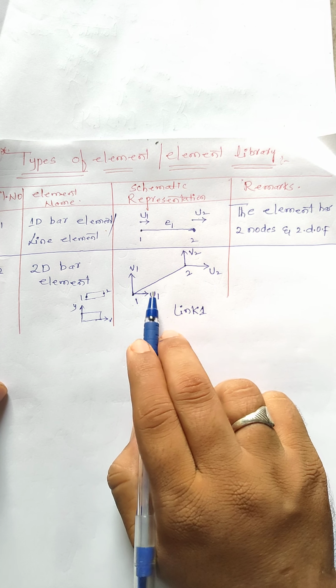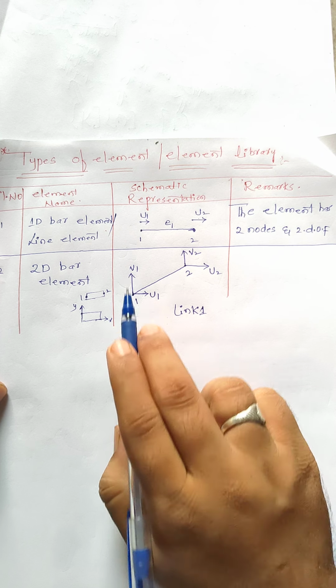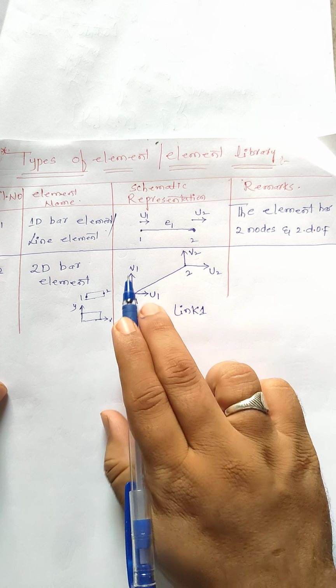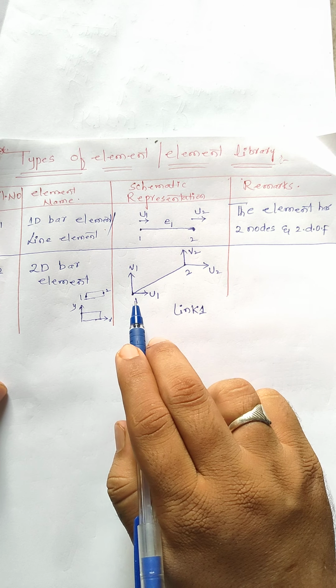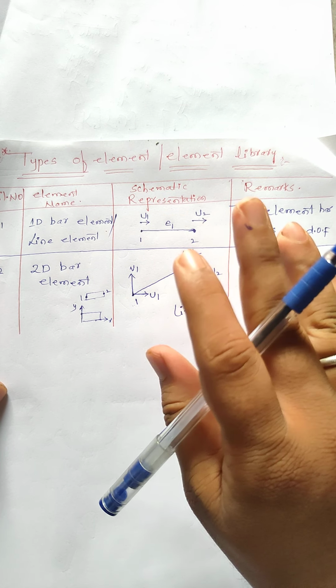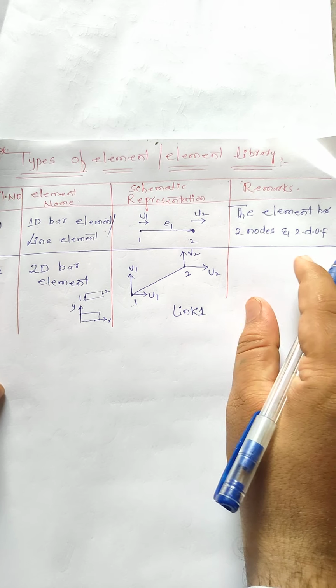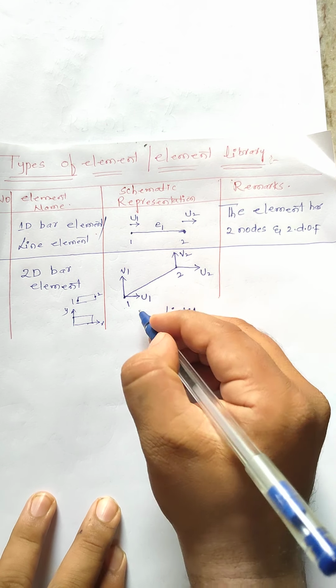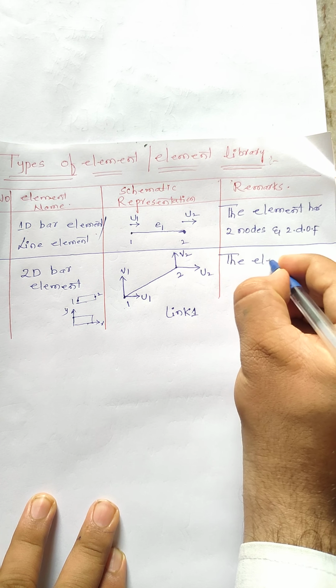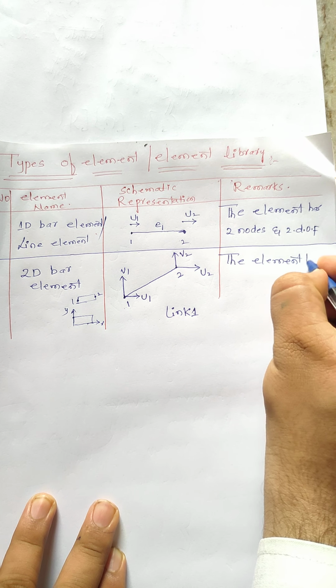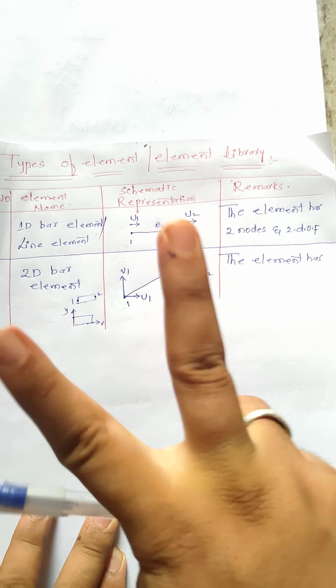Each node, how many nodes are there? 2 nodes. On first node 2 degrees of freedom, on second node 2 degrees of freedom. Total nodes is 2, degrees of freedom is 4. We understood that here how many nodes? 2 nodes.